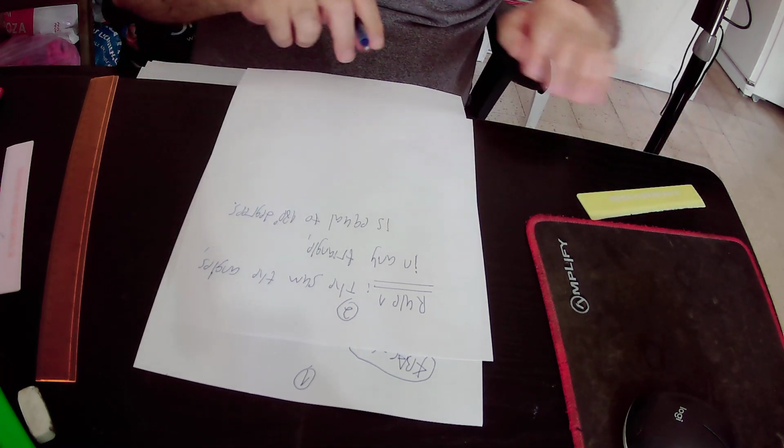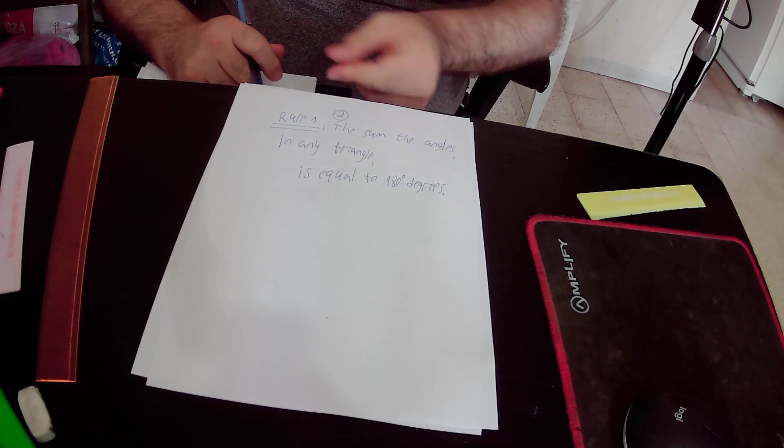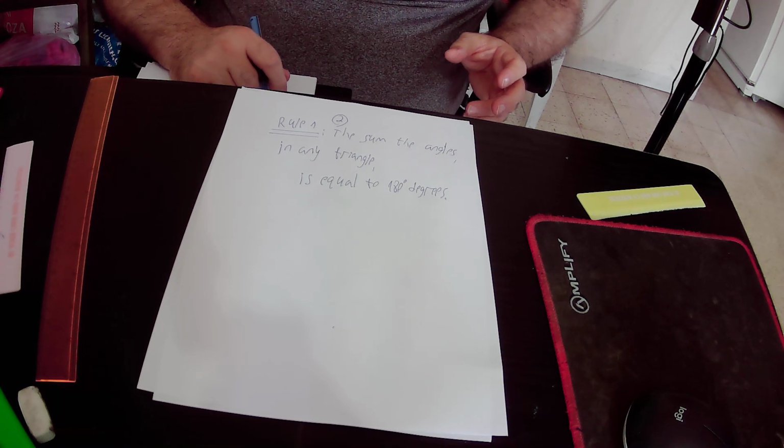I will read rule number 1 again. Rule number 1 states that the sum of the angles in any triangle is equal to 180 degrees.